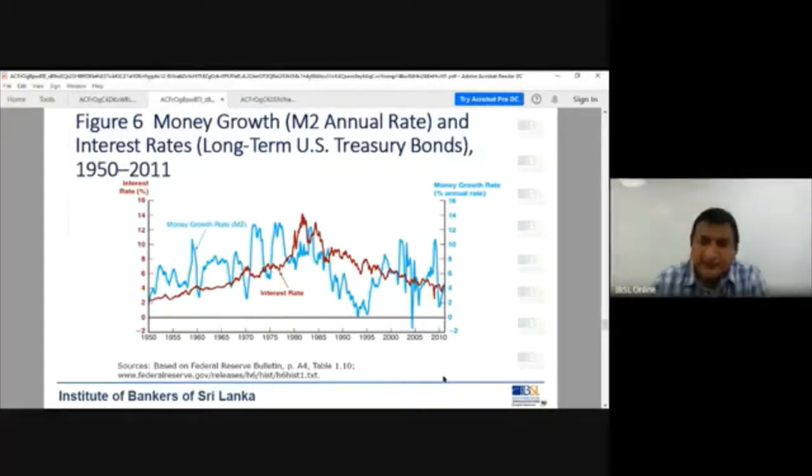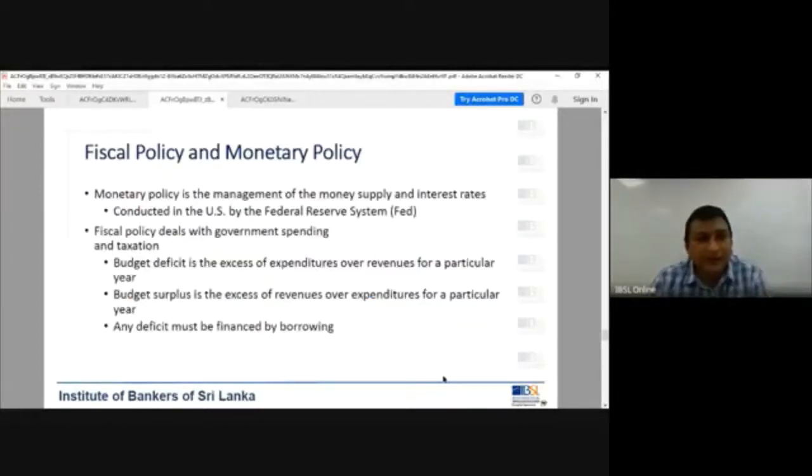So these are the details that we will get into. What you also see is fiscal policy and monetary policy to some extent. Monetary policy is the management of money supply and interest rates. You will get to this area when we start talking about central banks.